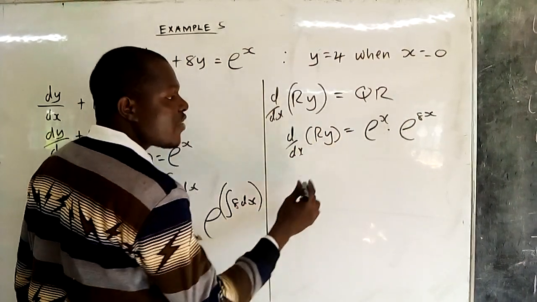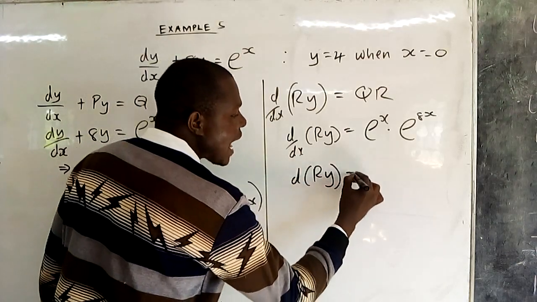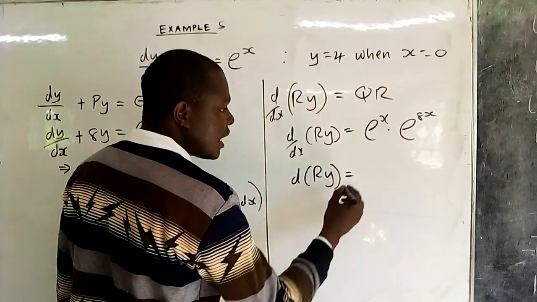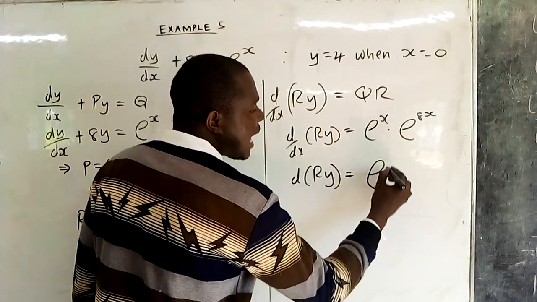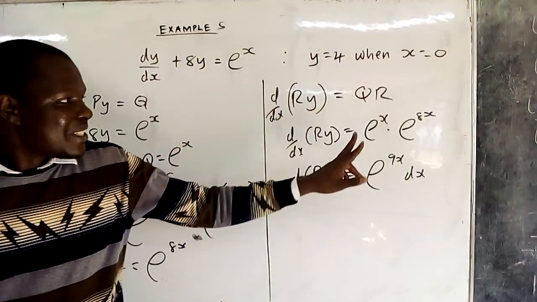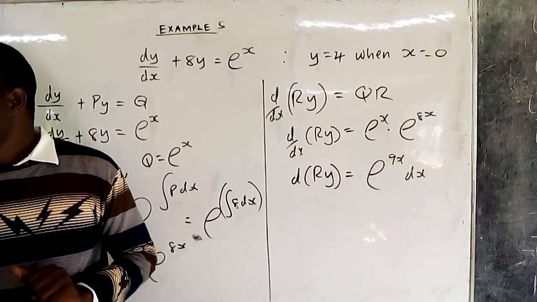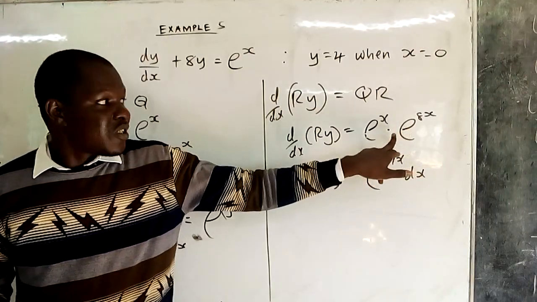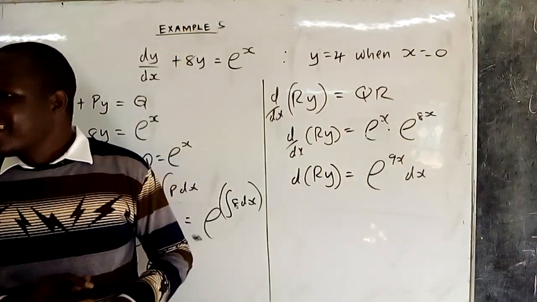So the dx going to the other side of the equation, we remain with d of ry equal to e^x times e^(8x) dx. Same base, you add the powers: x plus 8x, you get e^(9x).